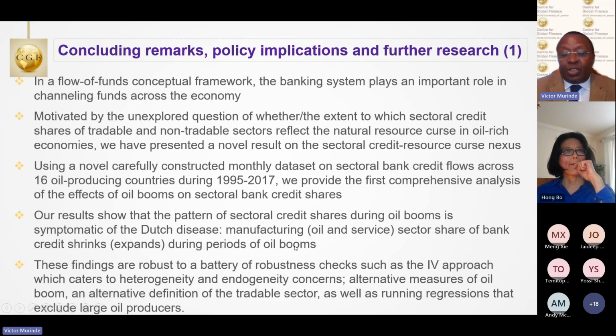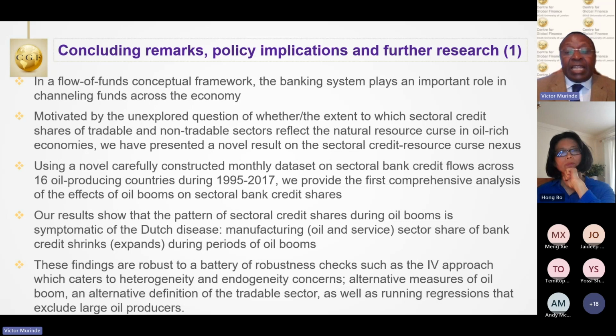We subject these results to robustness checks in terms of the measure of the oil boom, the alternative definition of the tradable sector, and the oil producers, by excluding the two large ones. The results are consistently the same.